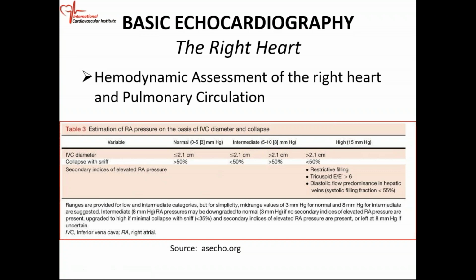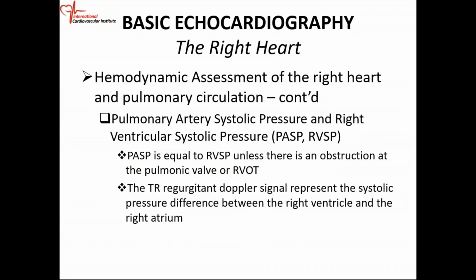Because we usually report right ventricular systolic pressure and pulmonary pressures as well. As we mentioned before, your pulmonary artery systolic pressure and the right ventricular systolic pressure are usually equal unless there's an obstruction at the right ventricular outflow tract or across the pulmonary valve.